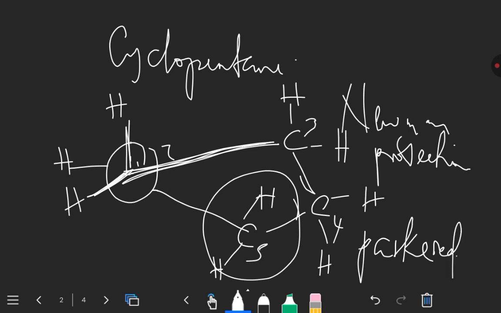So it is due to this puckering that the fifth carbon will appear to be below or above. This carbon might appear to be below or above due to that puckering. Then one thing is that the actual conformation of cyclopentane is non-planar, hence reducing the torsional strain. So we should also consider that.